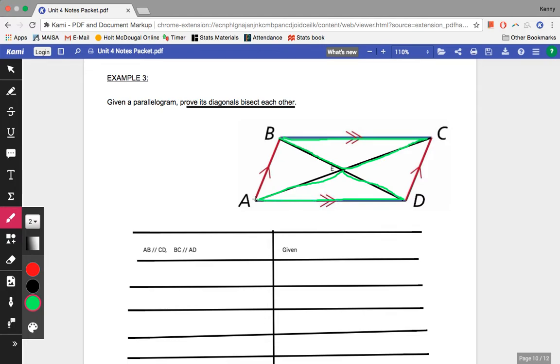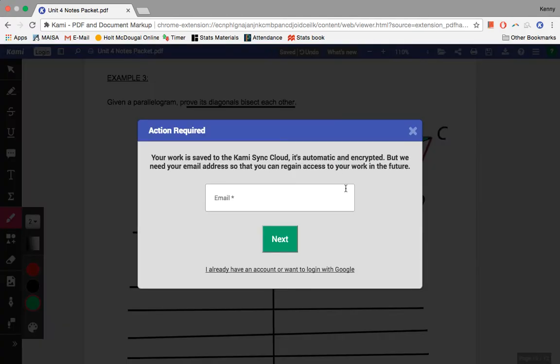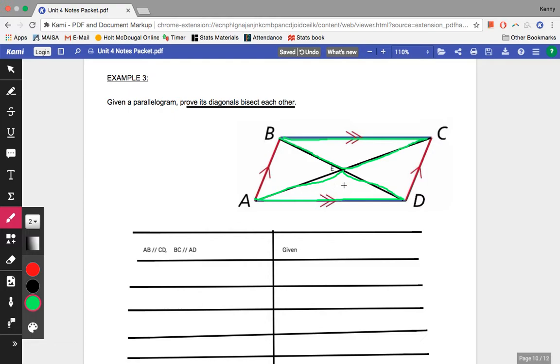So I want you to just imagine that we're working with the top triangle and the bottom triangle, not the left and the right. If we can prove that these top and bottom triangles are congruent, then that would mean these corresponding sides are equal, and these corresponding sides are equal, and therefore we've got a diagonal split in half, and we've got a diagonal split in half. Alright, so that's our goal.